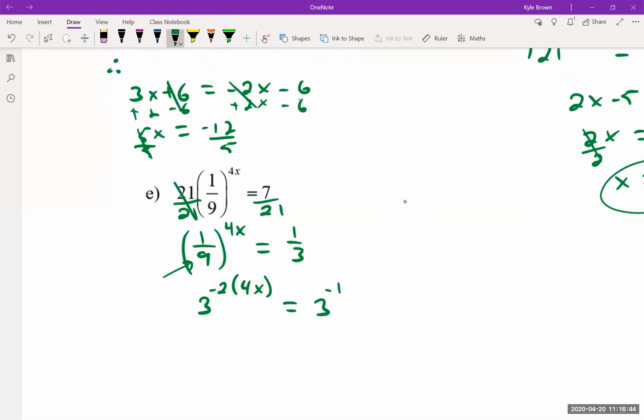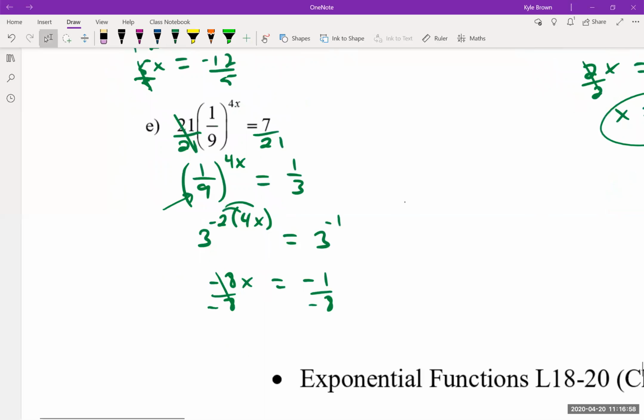Now distribute. So we've got negative 8x is equal to negative 1. Divide by negative 8. So x is equal to 1 over 8.